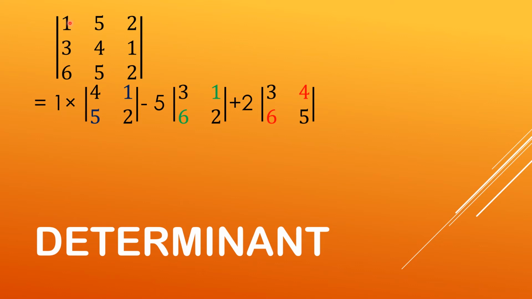I repeat, to find the determinant of a 3 by 3 square matrix, we take the first row and we take the first element. For the first element, we take the positive sign, that is 1 into the determinant obtained by removing the row and column containing 1, that is 4152.